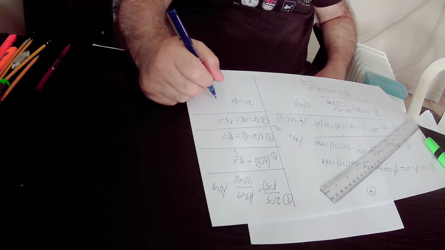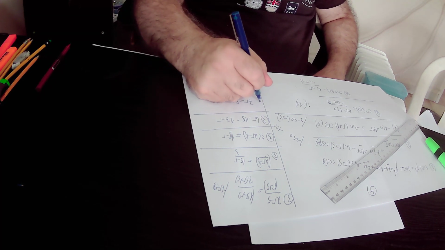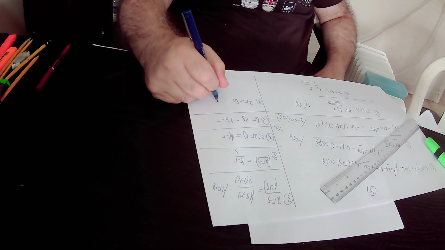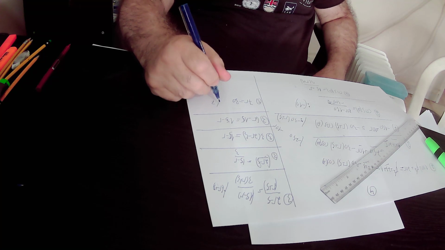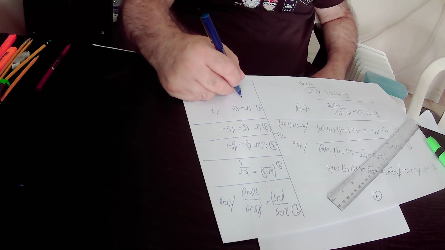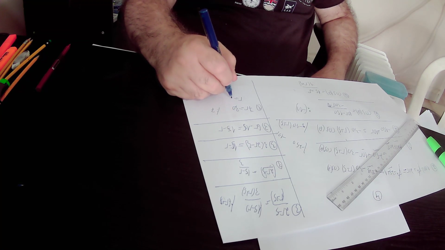We divide equation number 3 by 7. And we get that the radius of the orange circle is equal to 30 over 7.